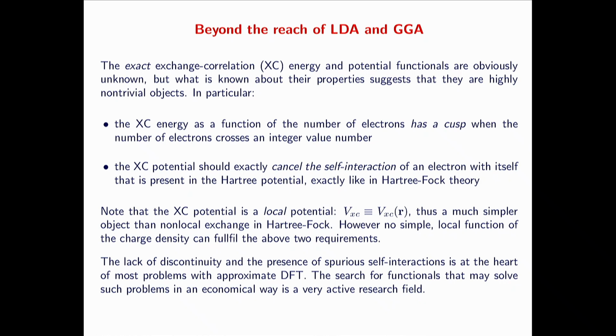And another funny characteristic of the density functional is that if you consider it as a function of the number of electrons, so you assume that the total charge density is a continuous function of the number of electrons, so the number becomes a real variable, you will have an energy that has to have a cusp corresponding to integer numbers of electrons.